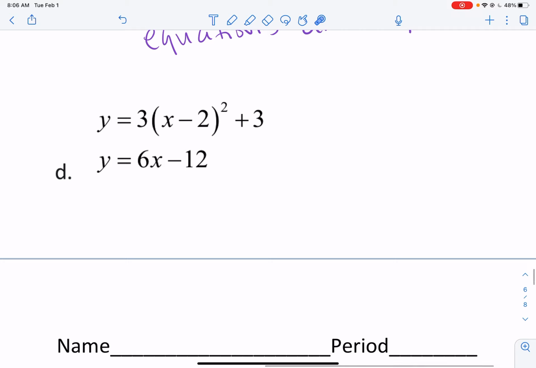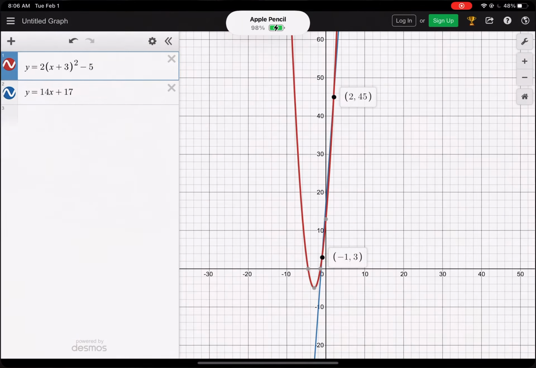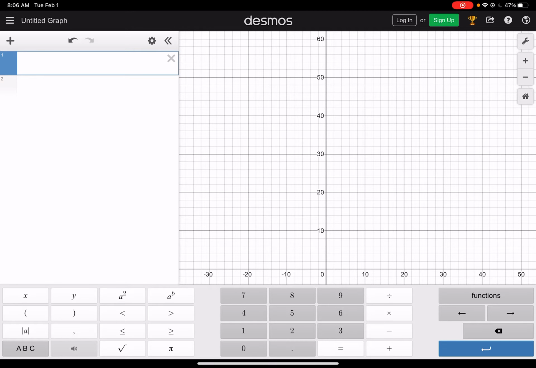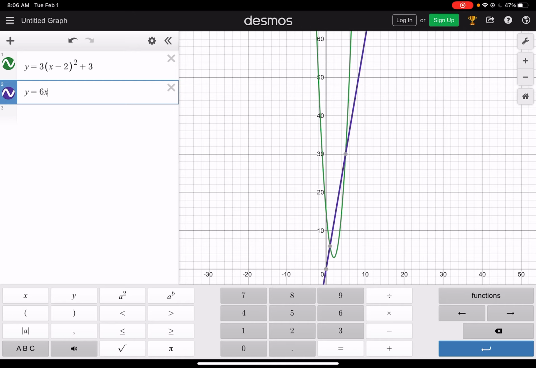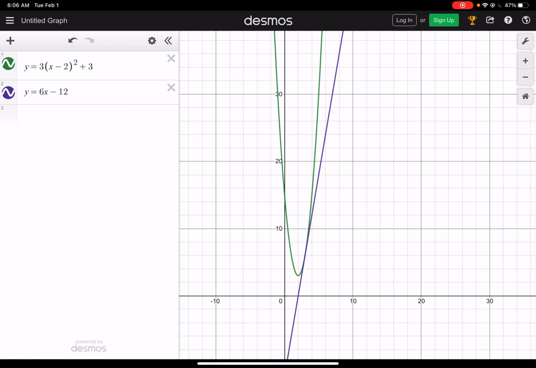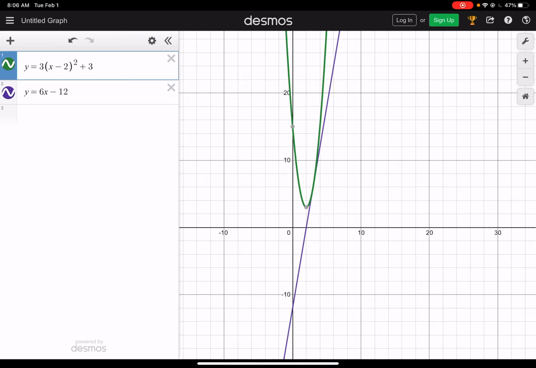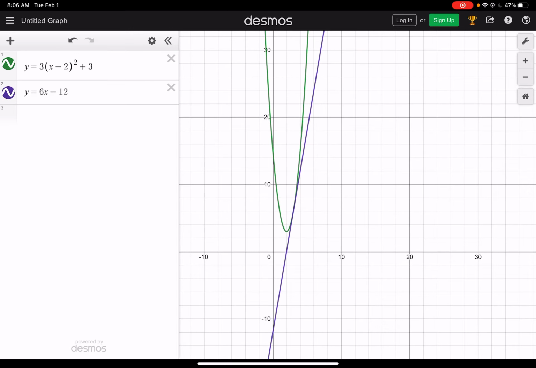All right, similar idea here. Let's go ahead and type that into Desmos. So we have y equals 3 times x minus 2 squared plus 3. I know that's going to be a parabola. And then we have a line, y equals 6x minus 12. And it looks like they intersect right in here somewhere.